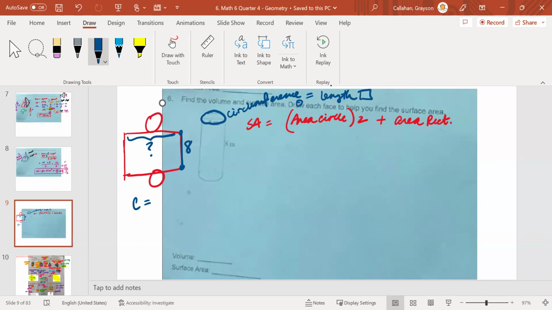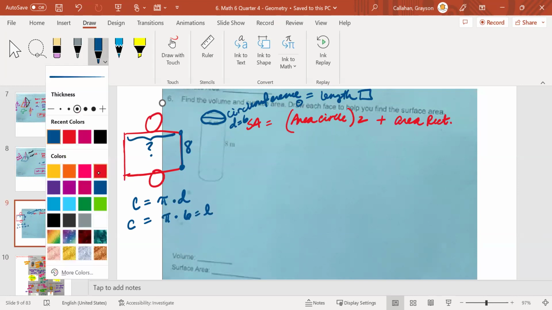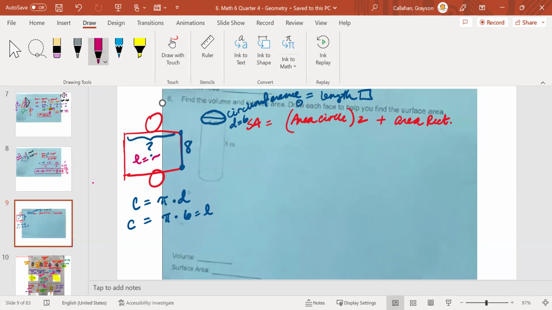Circumference is pi times diameter. So that's pi times 6, because the diameter here is 6, right? So this is the circumference, which is also the length of your rectangle. So your length here is pi times 6, or 6 pi. You should just put 6 pi, okay? So this is not an easy one.